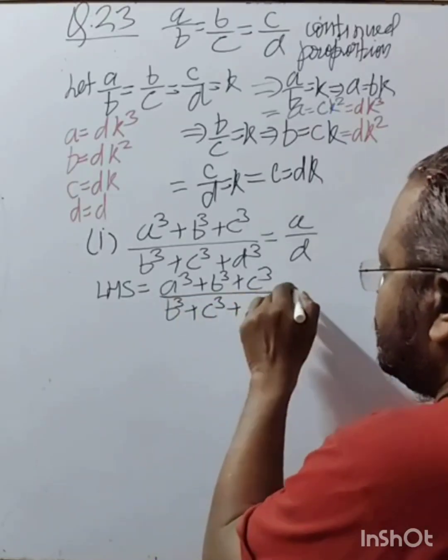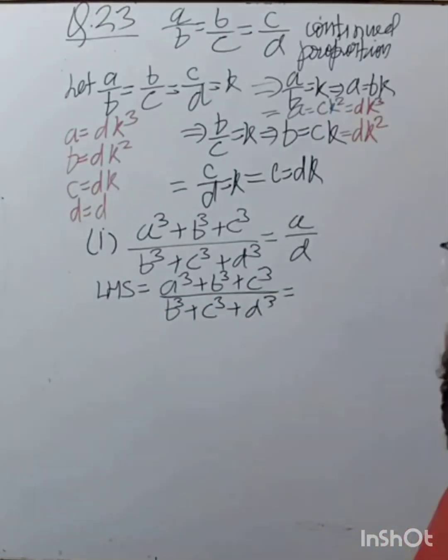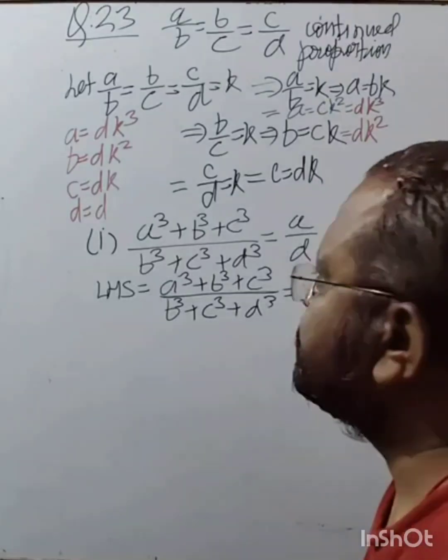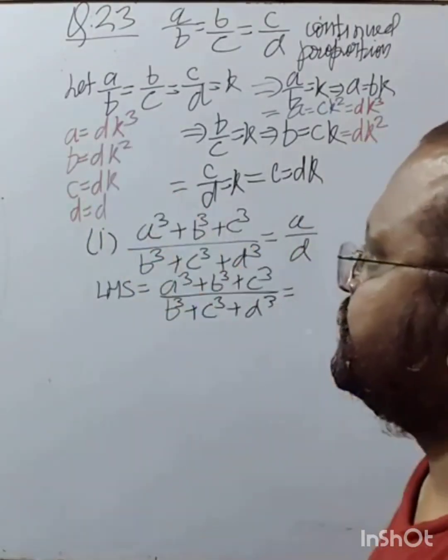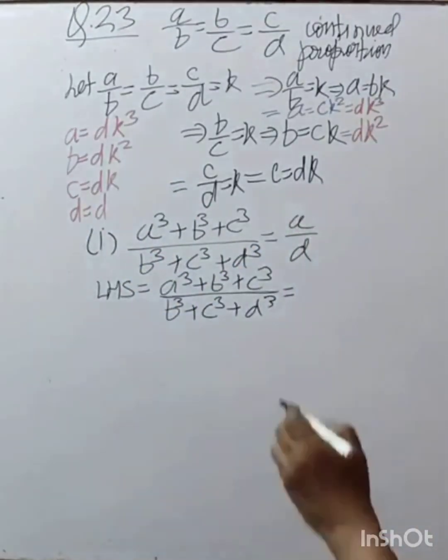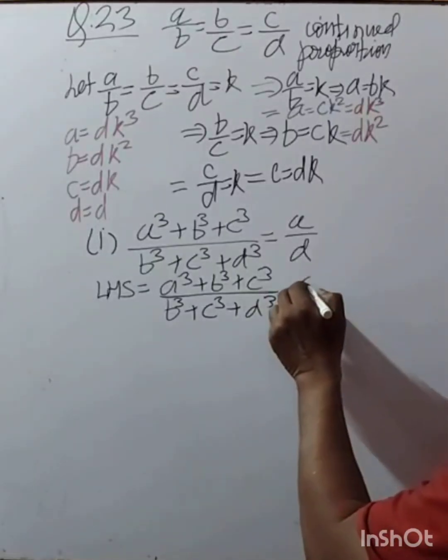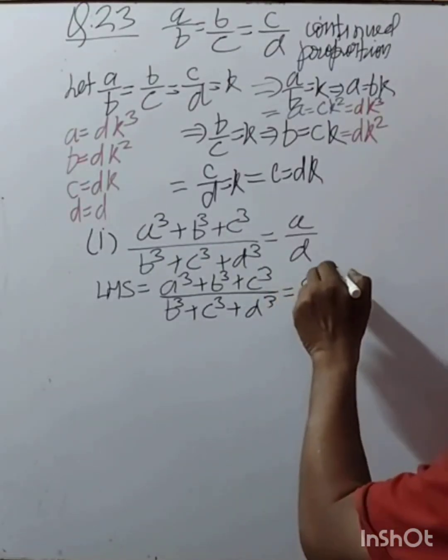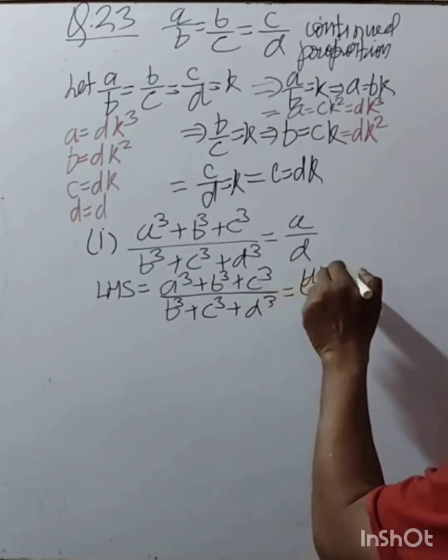What is the value of A? DK cube. So you write here DK cube, whole cube.